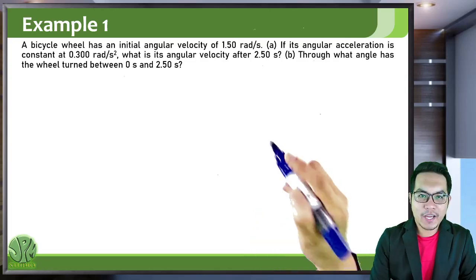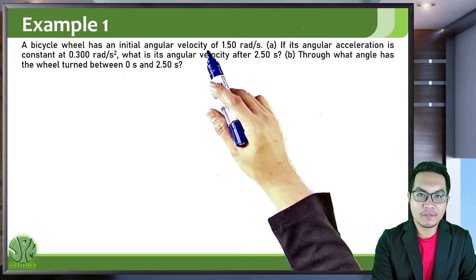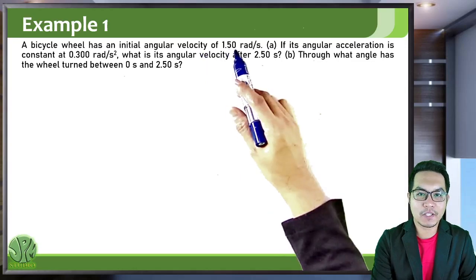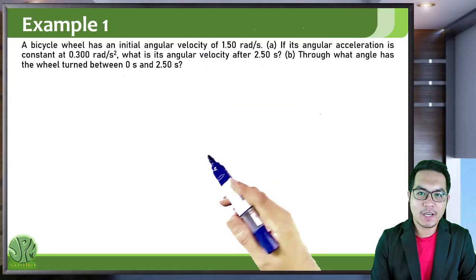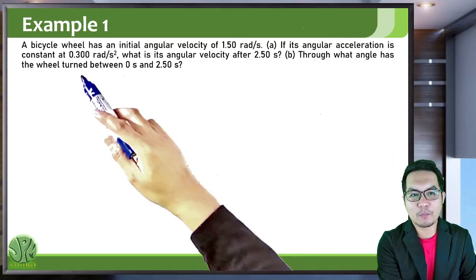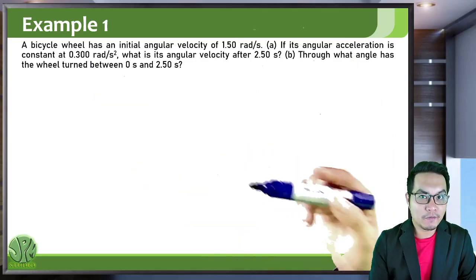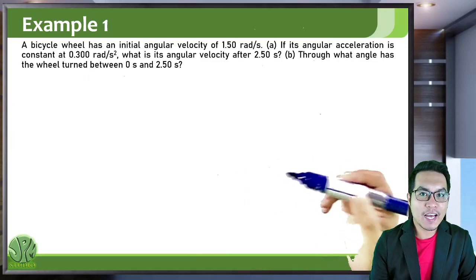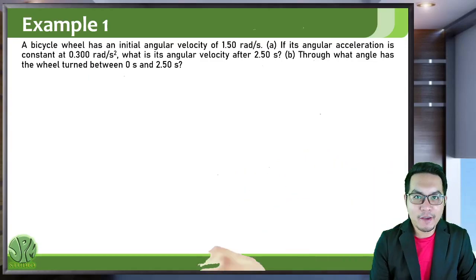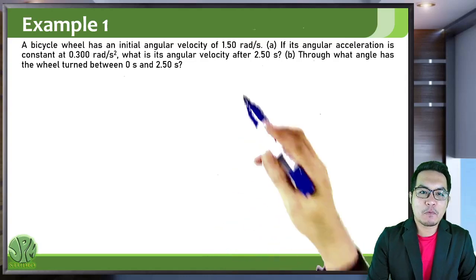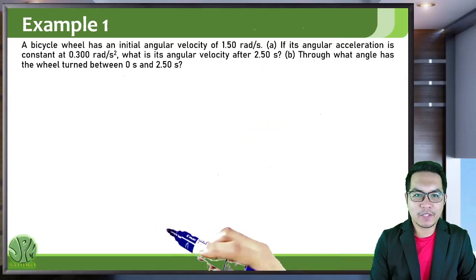So for letter A, you are given an initial angular velocity of 1.50 radians per second, and you are given the angular acceleration of 0.300 radians per second squared. Again, that means the angular velocity will increase by 0.300 radians per second every second. And what is the angular velocity after 2.50 seconds?